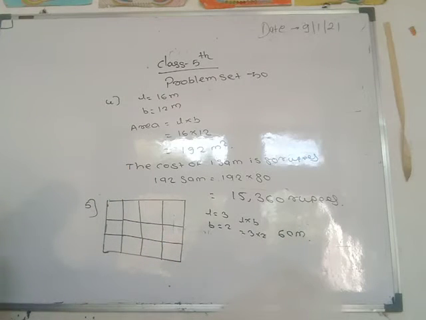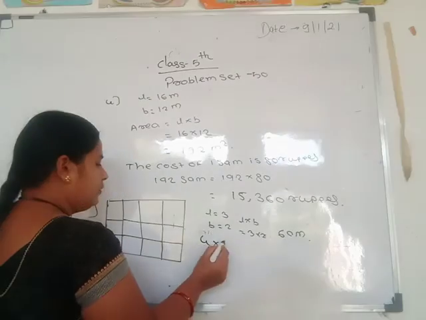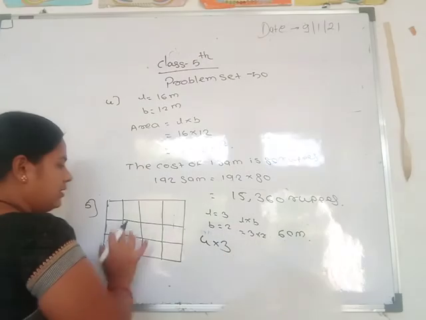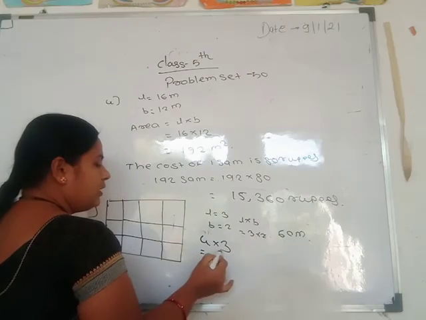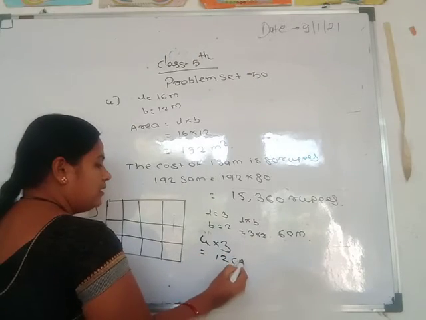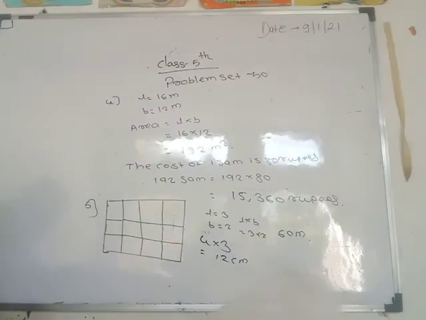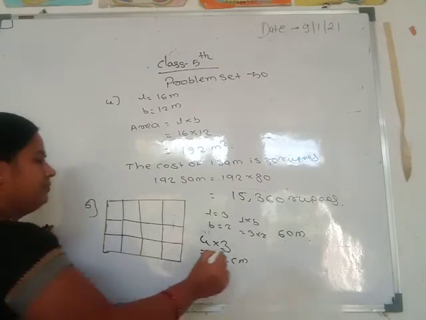Then see here the length of the whole figure, 4 into 3. Here all boxes are 1, 2, 3, 4, and these 3 is the length and B means 4. 4 into 3 is equal to 12 centimeter square.